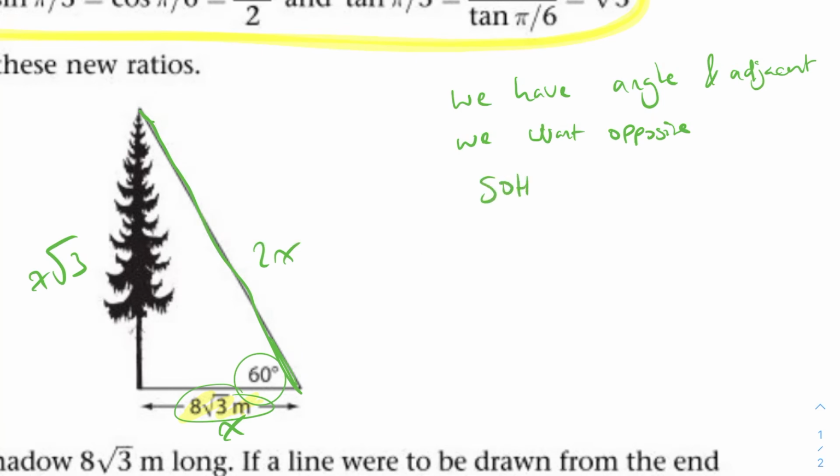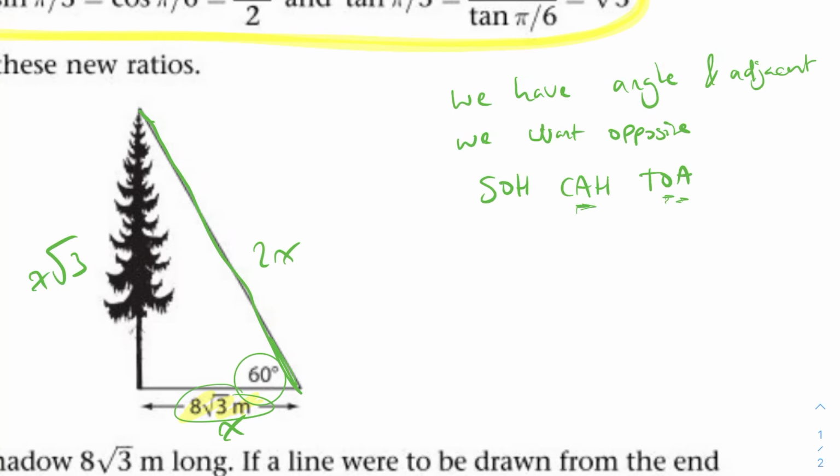We have the angle and the adjacent, and we want the opposite. We've got the adjacent, so it could be cosine, could be tan, and we want the opposite. So it's not going to be cosine, it's going to be tan.